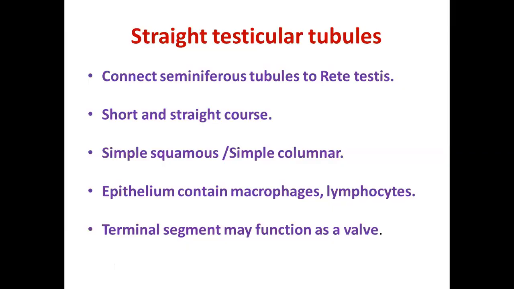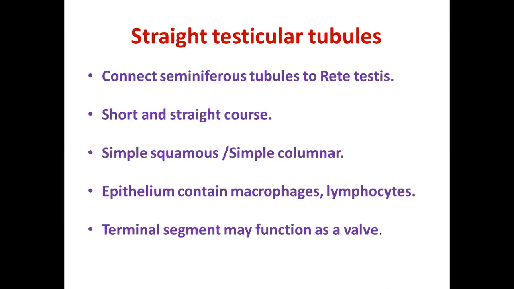We will start with the straight testicular tubule, which is a straight component of seminiferous tubule, where the seminiferous tubule is opening, and connects seminiferous tubule to the rete testis. They are short, straight. They are mostly lined by simple squamous or simple columnar epithelium. They are not lined, as was the case in the seminiferous tubule, by stratified germinal epithelium.